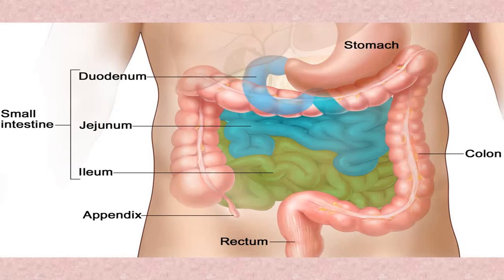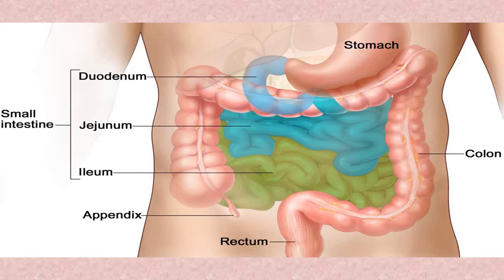This is a figure that shows the different parts of the small intestine. As you see, this is the first part of small intestine, duodenum. Then this is the second part, that is jejunum.